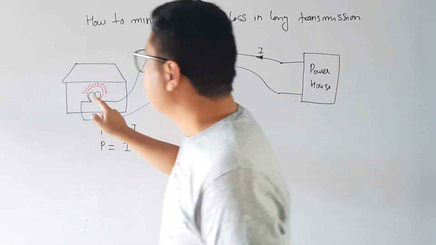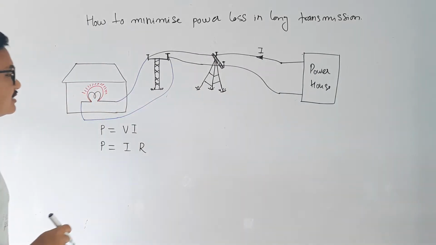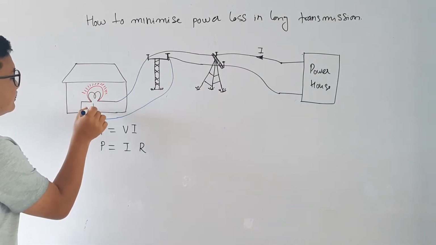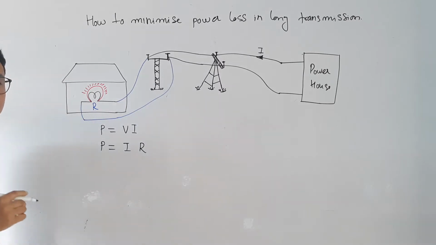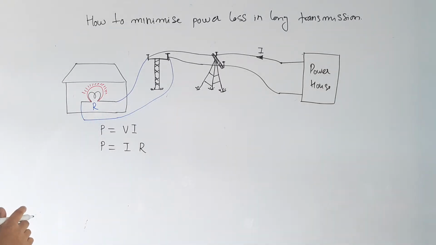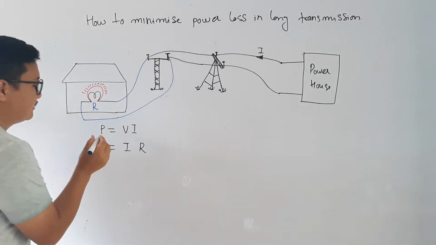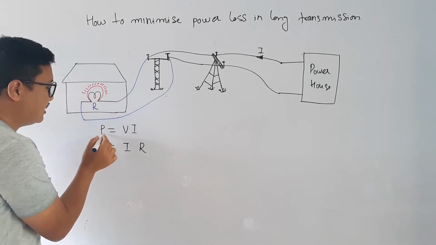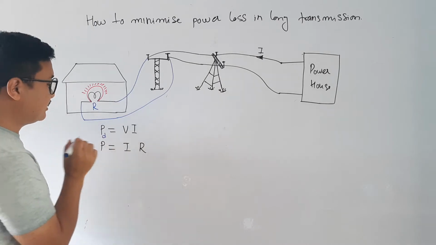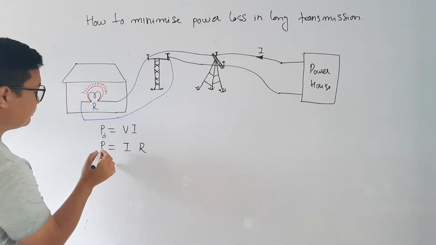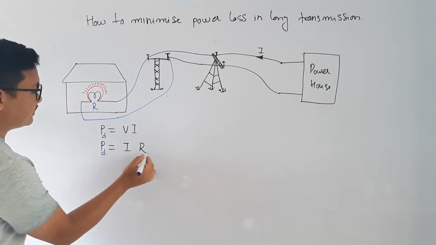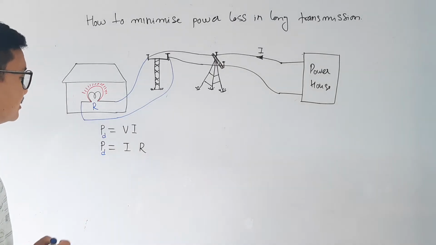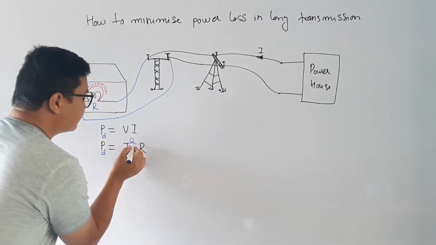So this is my device, and let the resistance of this device be R. The power which the device has is P of D, equal to V into I, and PD is also I square R.